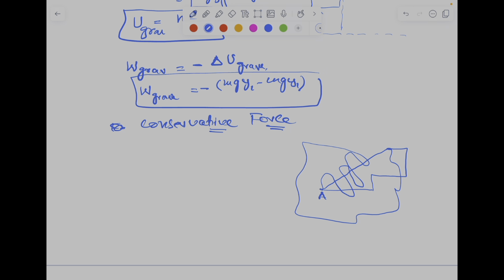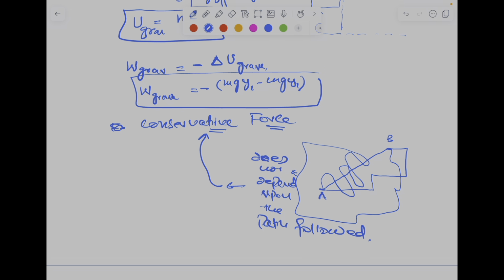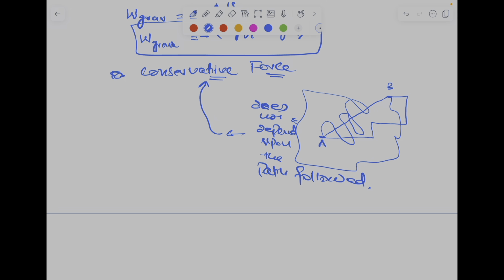The force that does not depend upon the path of the object, whether you go from A to B. So the work done by this force that does not depend upon the path followed, then this force is your conservative force, and the work done by the conservative force is nothing but the change in potential energy, which is the gravitational potential energy.